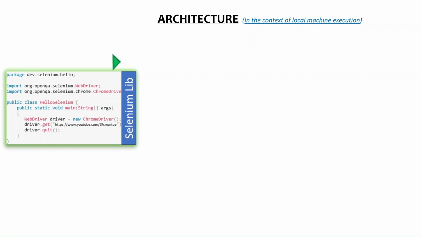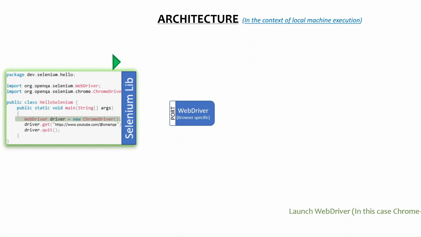When the first step executes, it basically does two things. First, it will launch the WebDriver. I am assuming here that WebDriver is present on your local machine and the path to WebDriver is known to your test program. WebDriver basically starts as a server. Carefully look at the WebDriver.